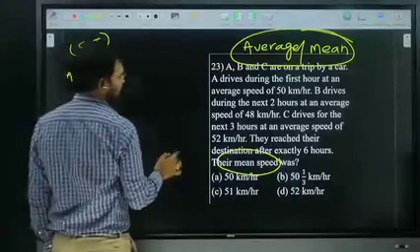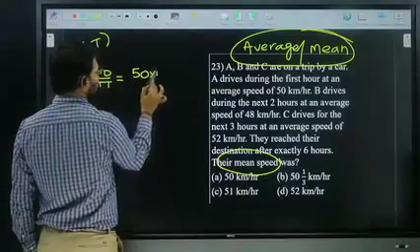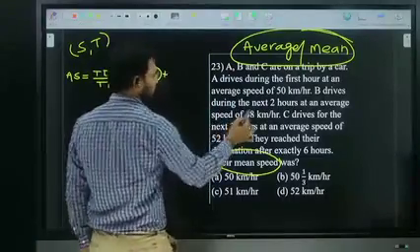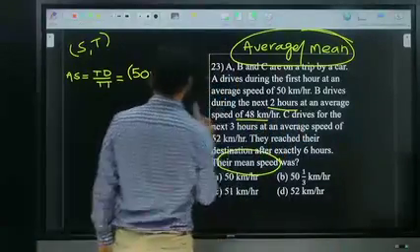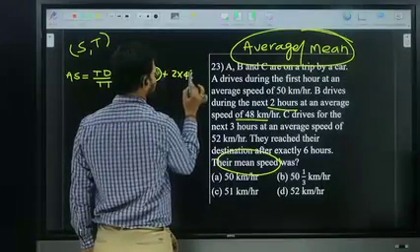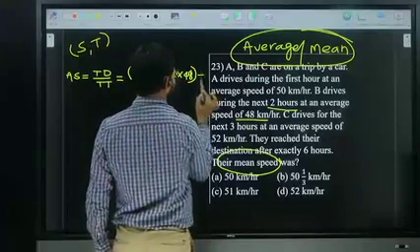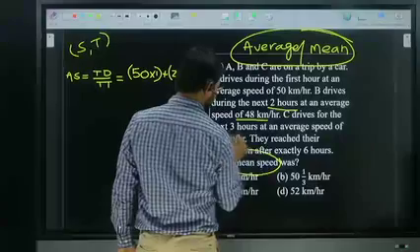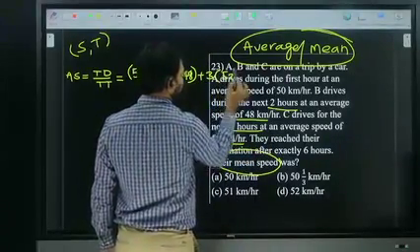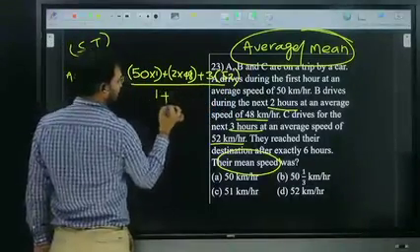First case speed is 50 km per hour, and the journey is 1 hour: 50 into 1, plus second case 2 hours at 48: 2 into 48, plus third case 3 hours at 52: 3 into 52, divided by total time 1 plus 2 plus 3.